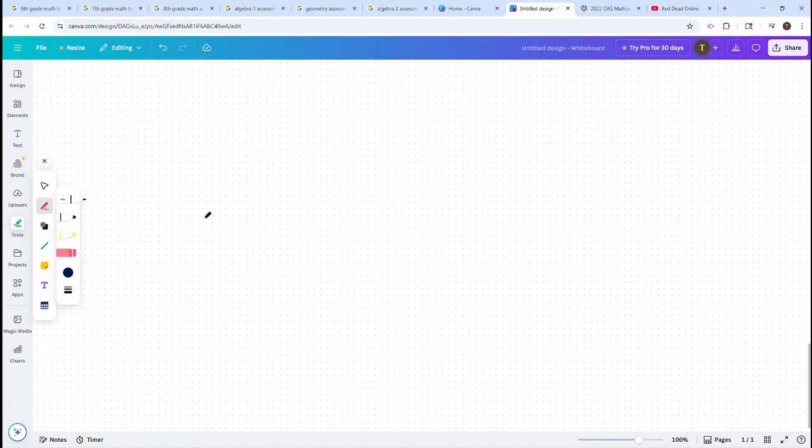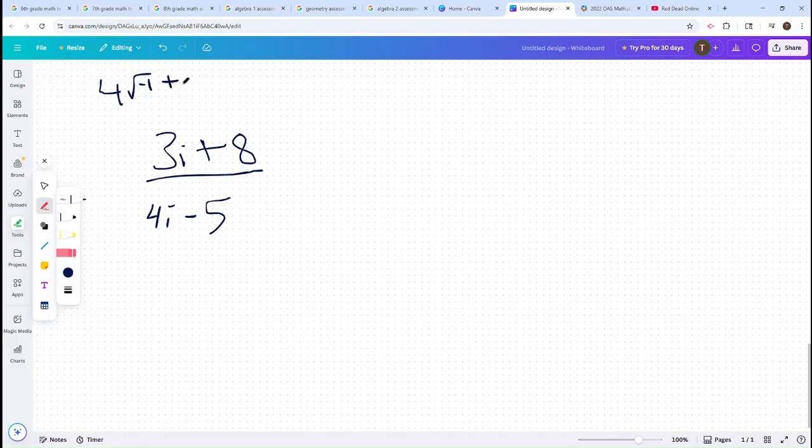So with division, I'm going to write a fraction here because remember, every fraction is a division problem. And down here, we'll have 4i minus 5.